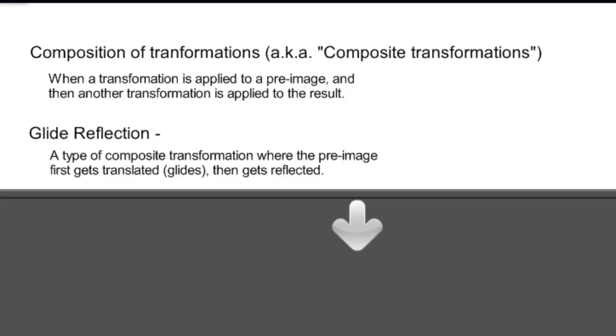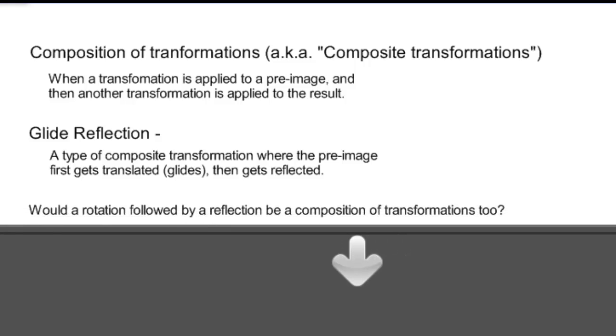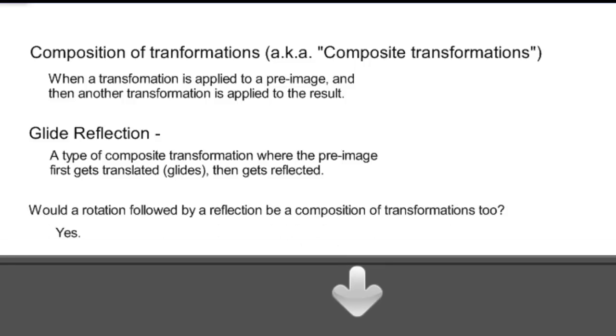There are other types of composite transformations. You don't have to translate and then reflect every time. What if you had a rotation followed by a reflection? Would that be considered a composition of transformations too? Short answer, yes. It's two different types of transformations being put together.